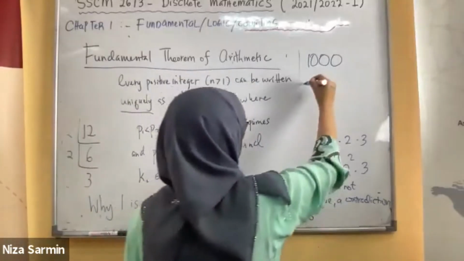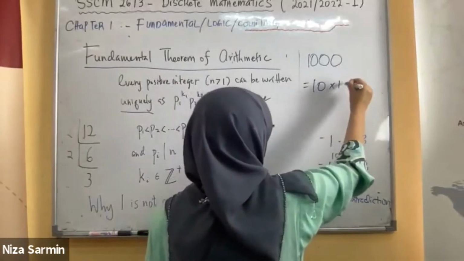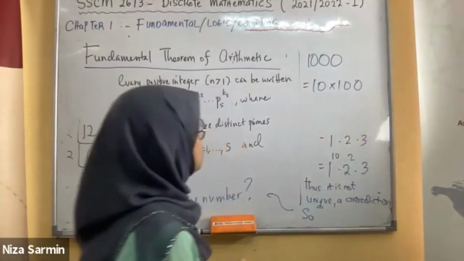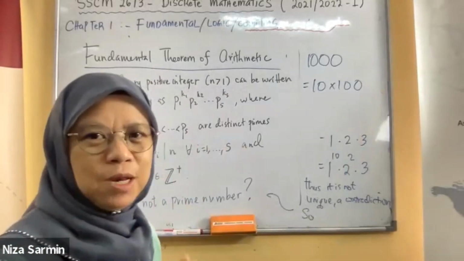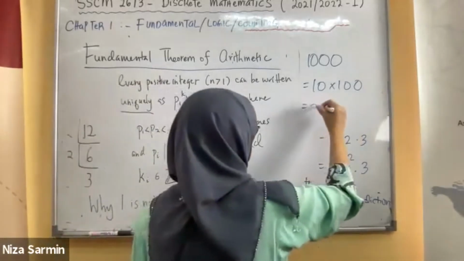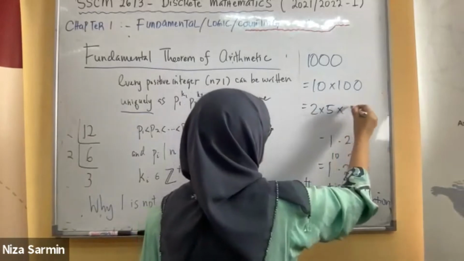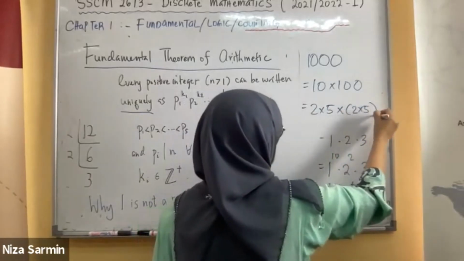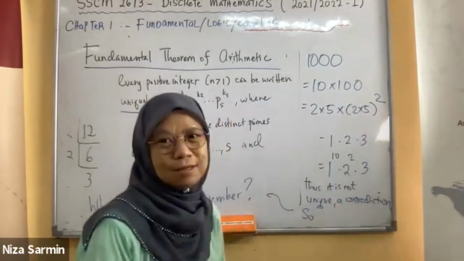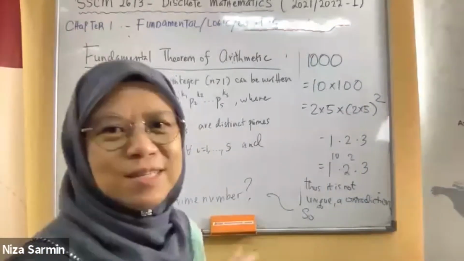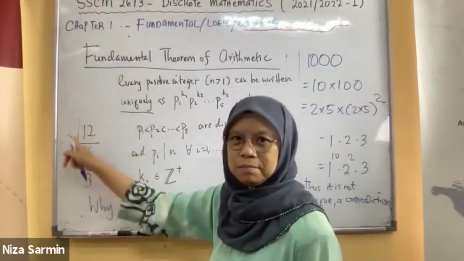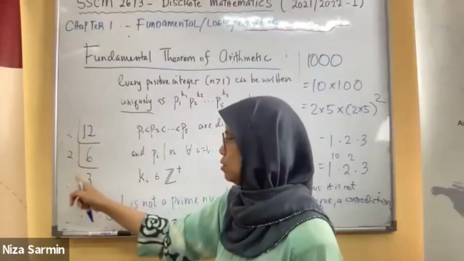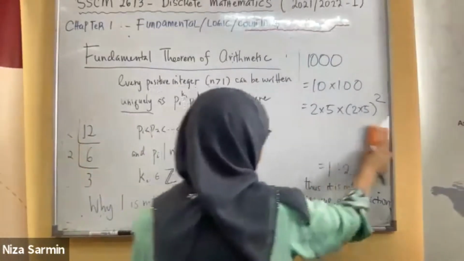So a quick way is to separate it into big numbers, and then you can write it like this. Probably the fastest way, instead of doing this many times.